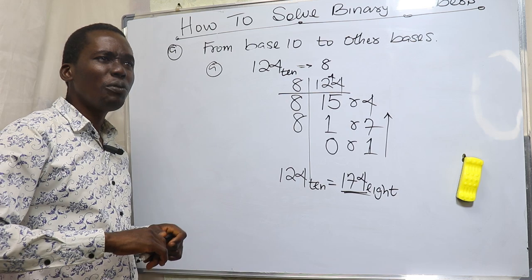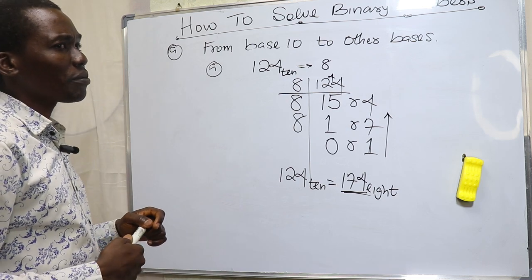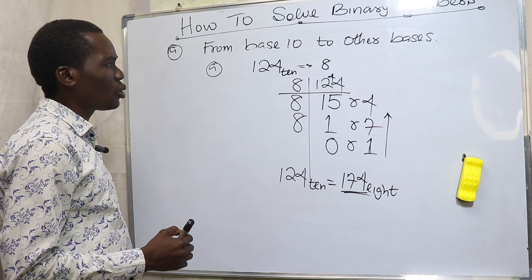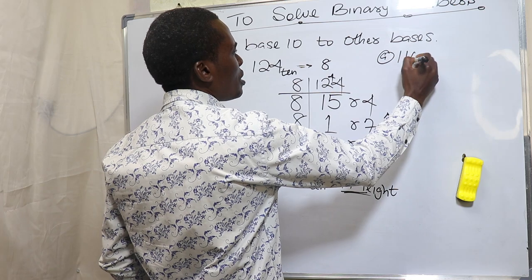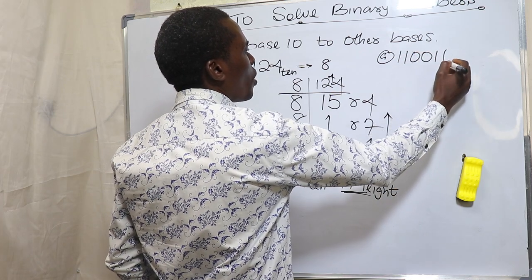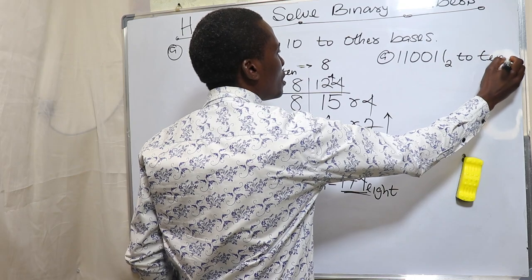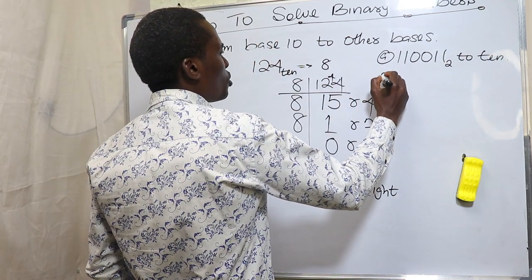Remember, I say I go give you question wey you go try. Now make you go try this one. If you try this one, anything wey you get, make you drop am for the comment section. I want to make you convert first 110011 for base 2. I want you to convert am to base 10. Now another one, number 2.